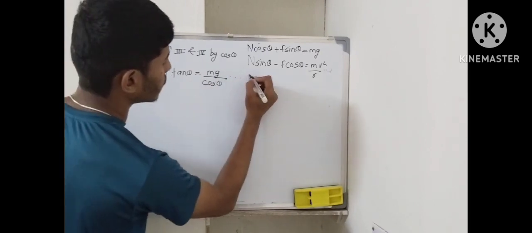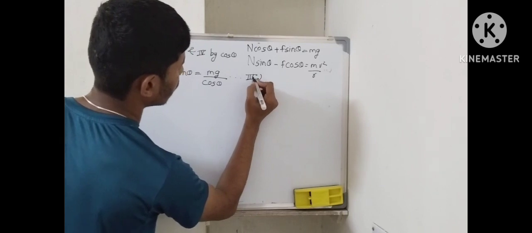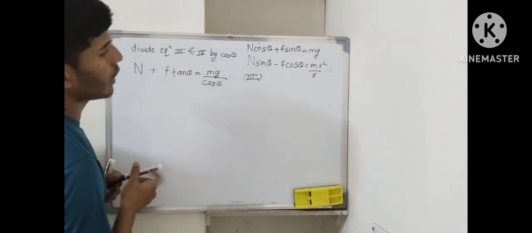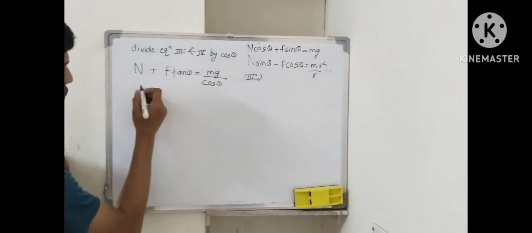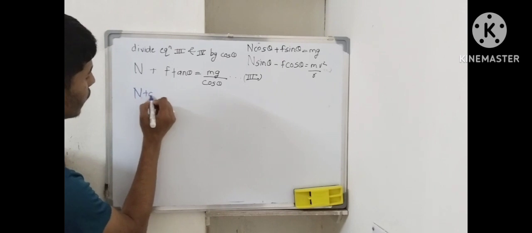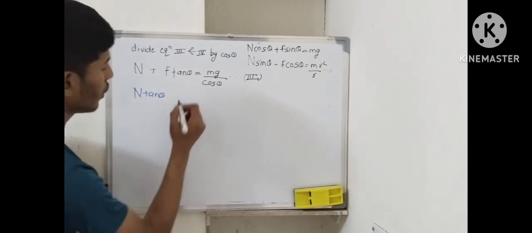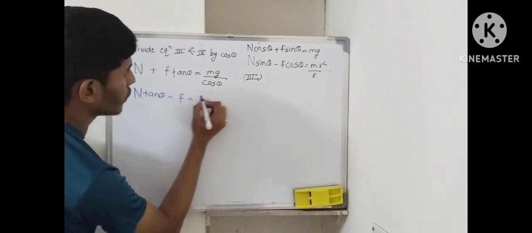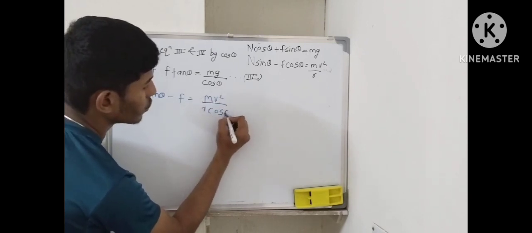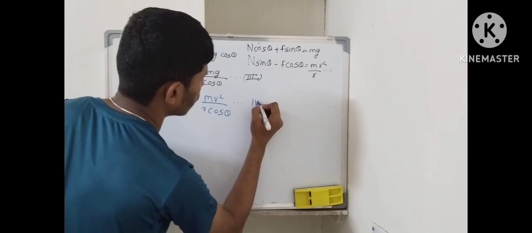Name it as equation number 3. The second one is N sin theta minus f cos theta is equal to mv square by r. So N sin theta upon cos theta will be N tan theta minus f is equal to mv square by r cos theta. Name it as equation number 4.